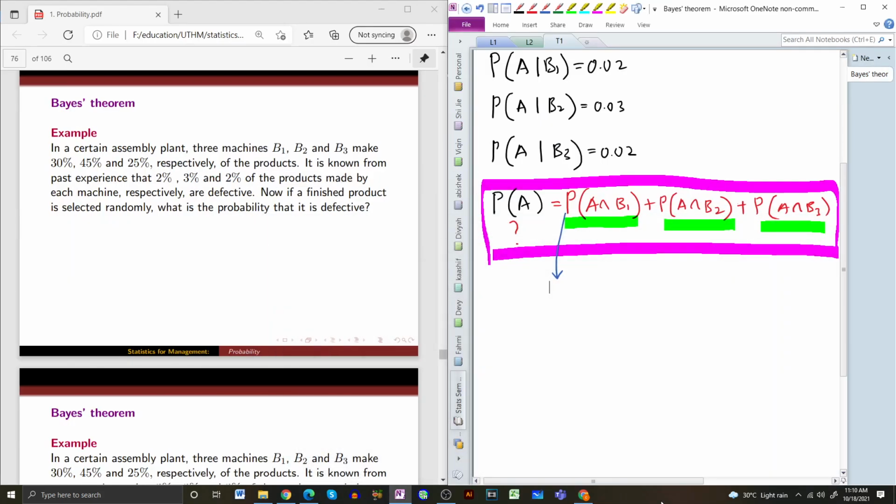We know that P of A given B is equal to P(A intersect B) over PB, and if I multiply this here, my PA.